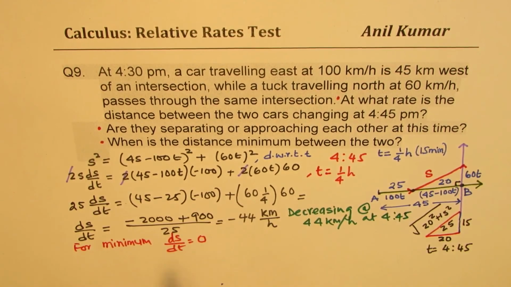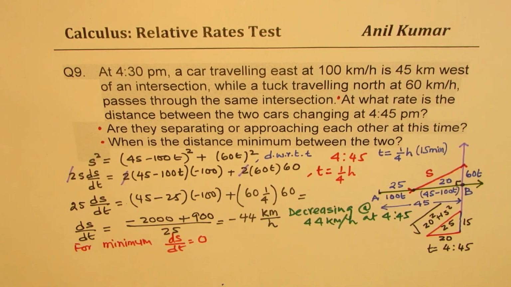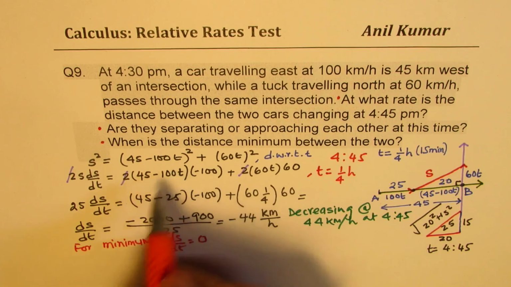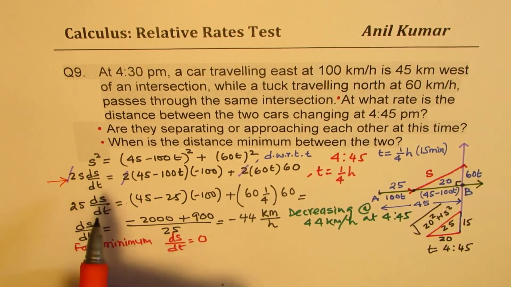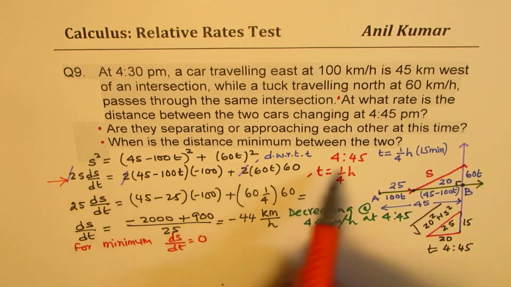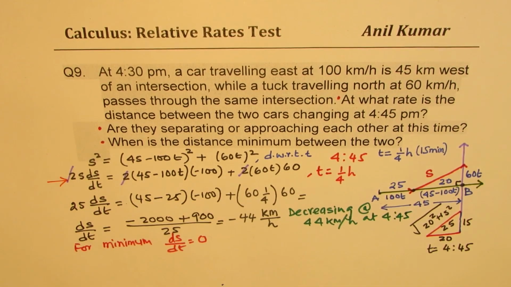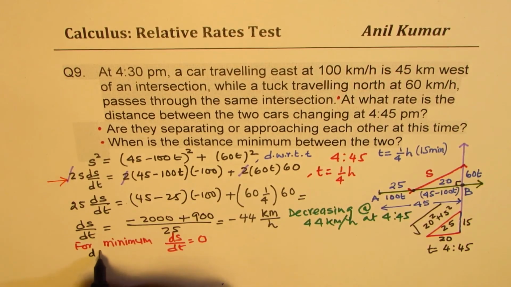That is what will give you a critical number, right? So let's get back to this equation and equate it to 0 to find the minimum. So we'll say ds/dt equals 0.